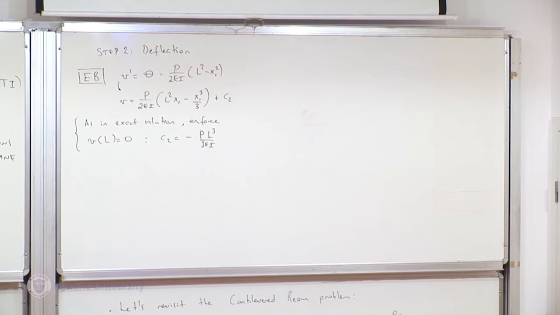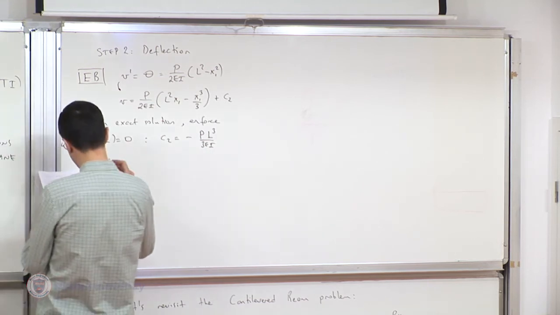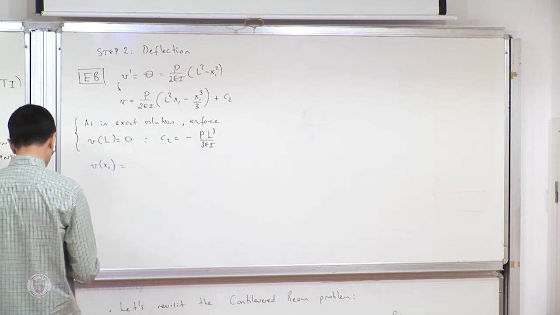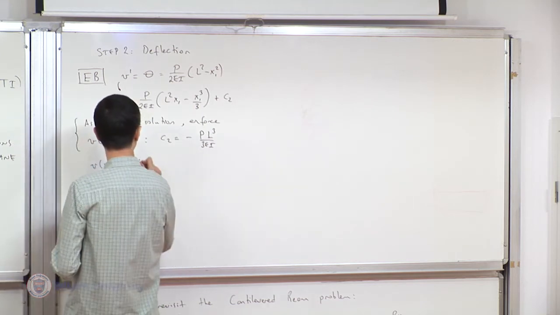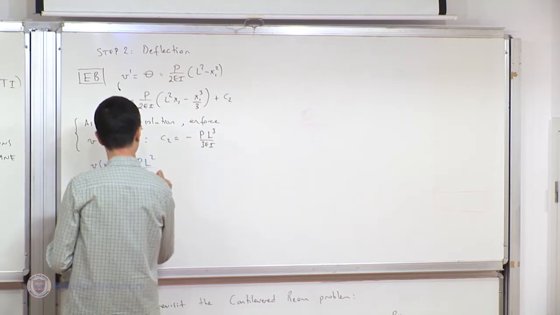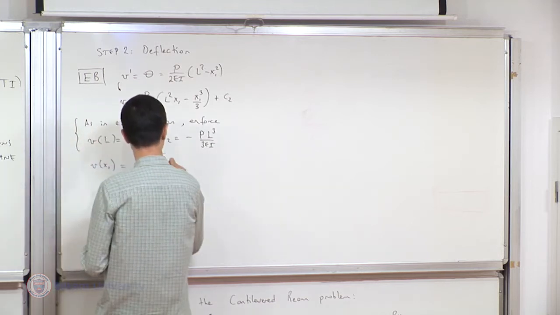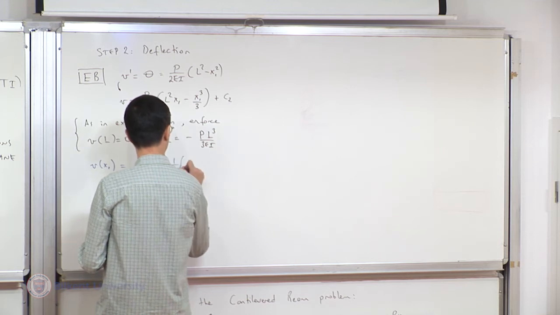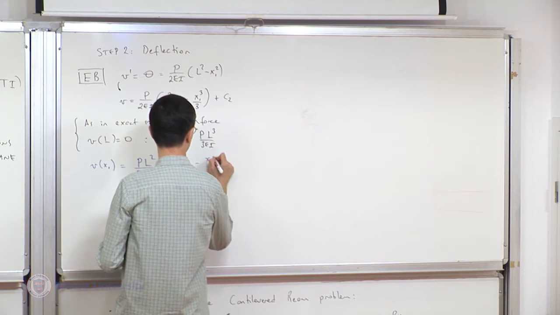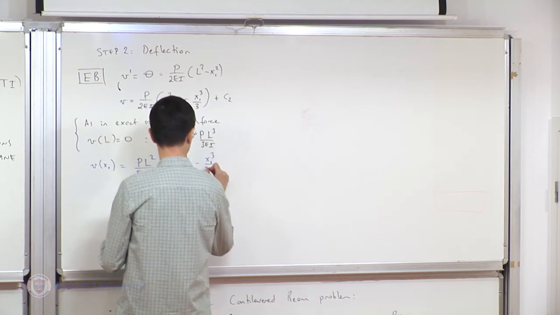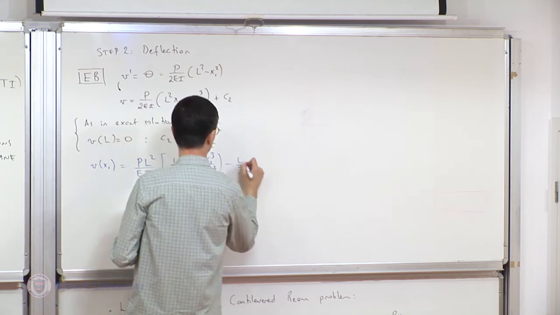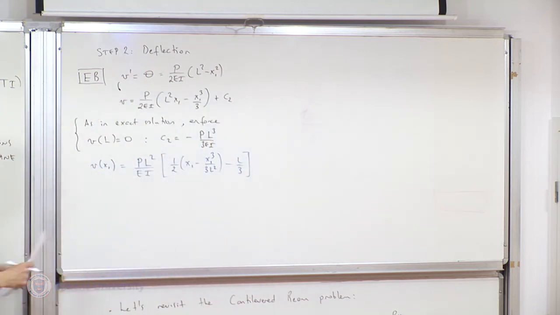And hence, we obtain that V of x1 is equal to, let me rearrange it a little bit for future purposes. That's our solution.